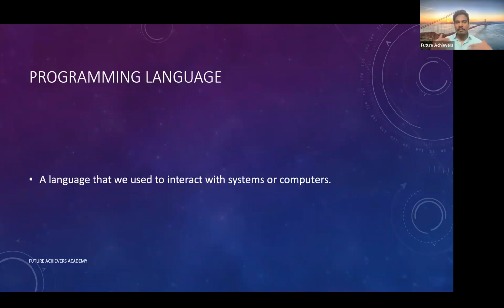Coming back to the programming world. What is a programming language? A language that we use to communicate with systems or computers is called a programming language.